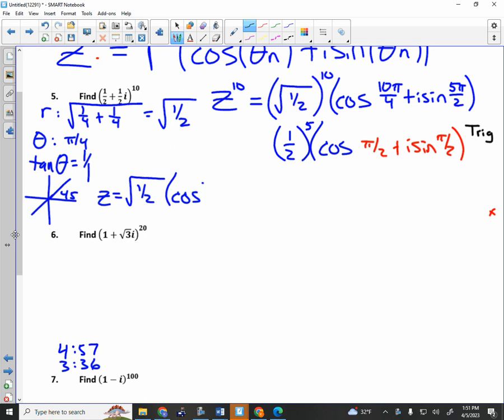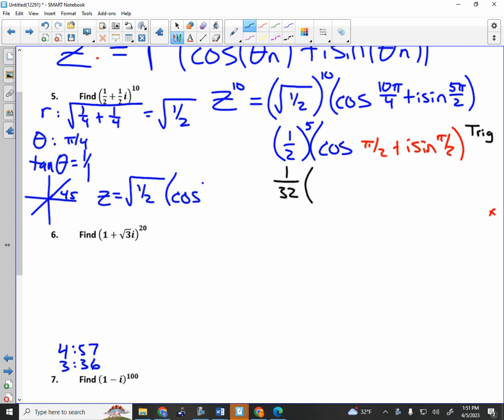Watch. What is 1/2 to the 5th power? 1 to the 5th is 1. 2 to the 5th? 32. Good. Pi over 2, how many degrees? 90. Is cosine the x value or the y value?